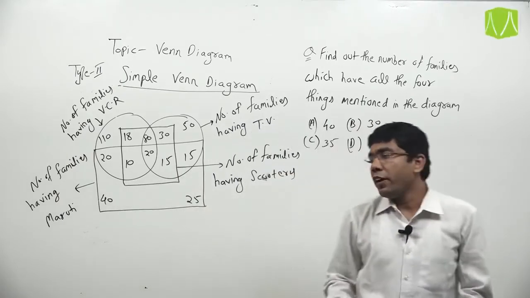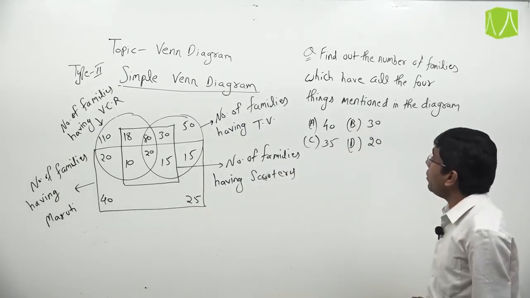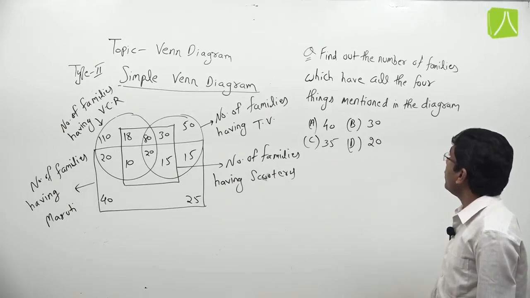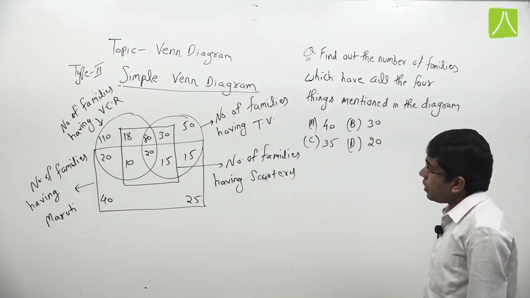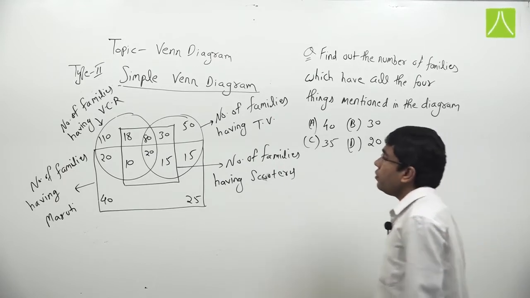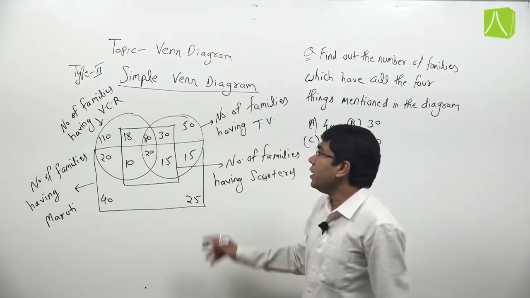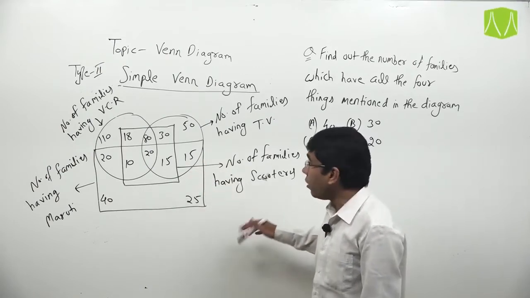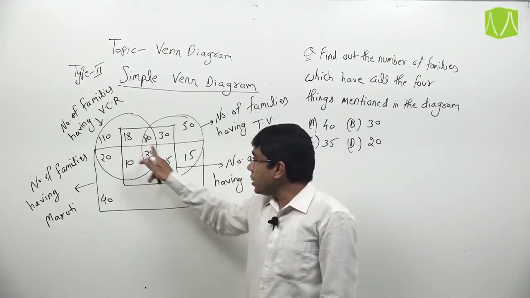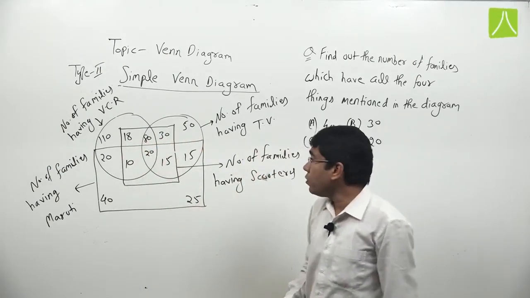Now we have to find how many families have all the 4 things mentioned in the diagram. Friends, for this question we have to find a number which is present in all the 4 figures, in both the circles, in the square and in the rectangle also.